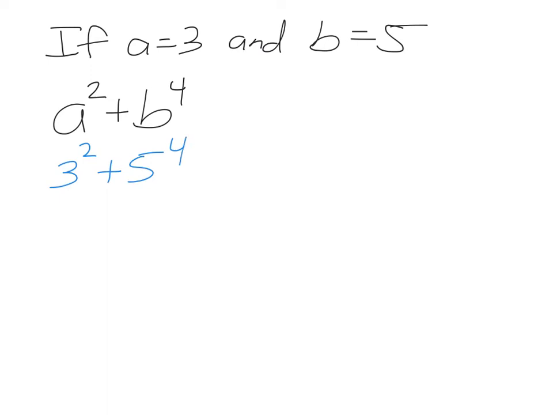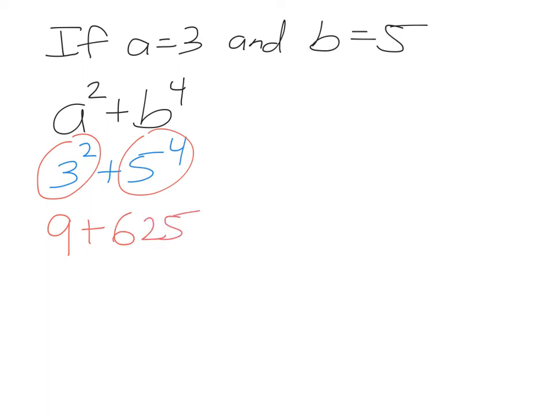We know by using order of operations, we will do our exponents first. So 3 squared is 9. 5 to the fourth is 5 times 5 times 5 times 5, which is actually 625.